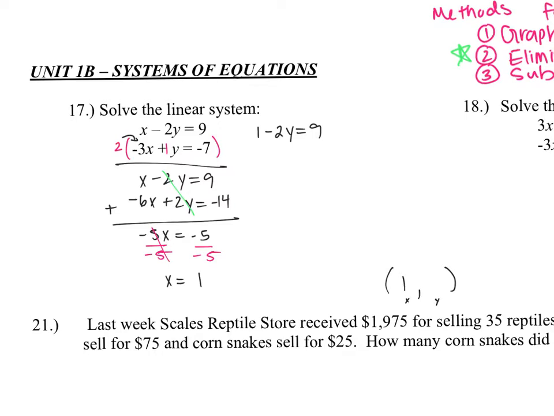So if I subtract the 1 over, I bring down the negative 2y, and this is now an 8 on the right side. I'll divide by negative 2, that cancels, and so my y is equal to negative 4. If I were to graph these two lines, they would intersect at positive 1, negative 4. So that is my solution.